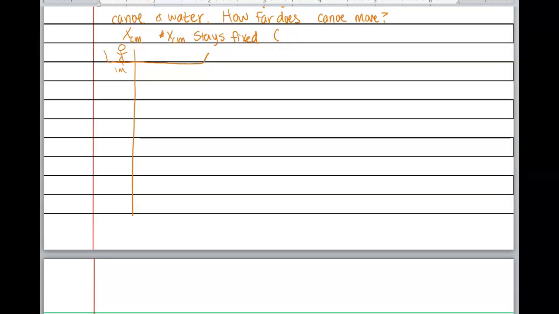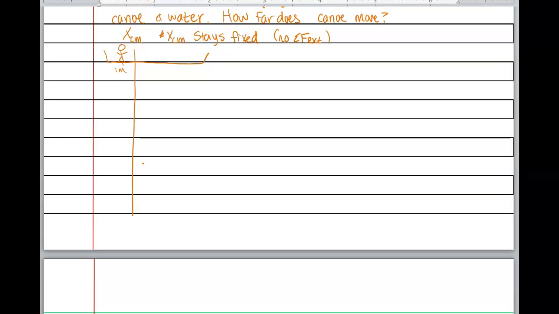Well, because there's no external net force applied to our canoe-man system. Okay, so the man pushes on the canoe, the canoe pushes on the man, but there's nothing outside to make the canoe-man move in space. So the center of mass is going to stay right there, fixed in space.